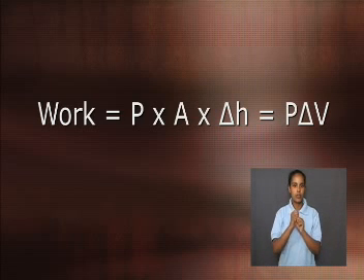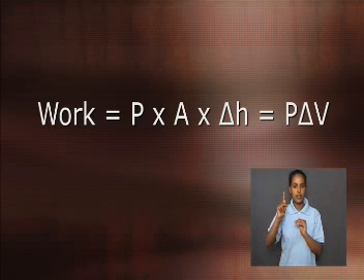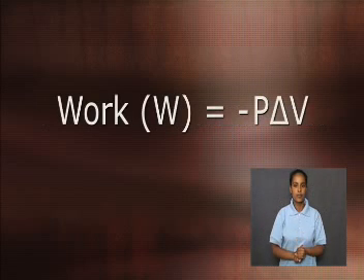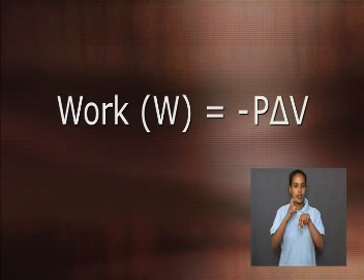Work is equal to pressure times area times change in height, which is equal to pressure times the change in volume. The product of pressure and a change in volume is often referred to as pressure-volume work.